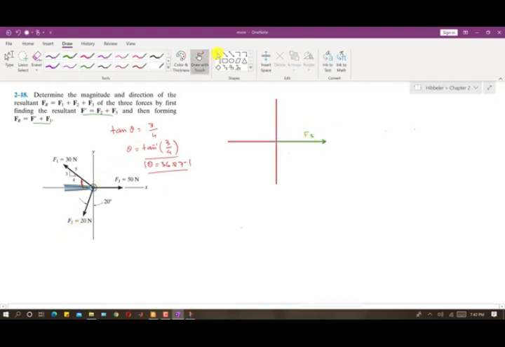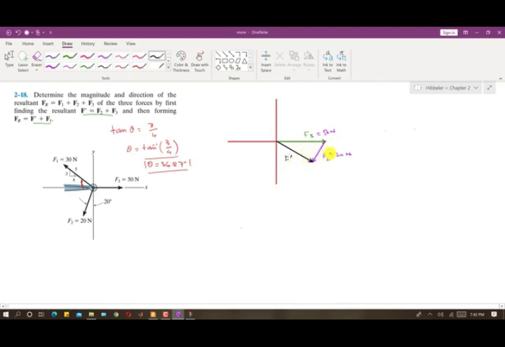So let's say that this is F2, which is 20 Newton, and this F3 is 50 Newton, right? So then the resultant will be F dash. So we are given that F2 plus F3 is F dash, right? So let me draw that resultant. So let's say that this is that resultant from the tail of F3 to the head of F2. So this resultant will be F dash.